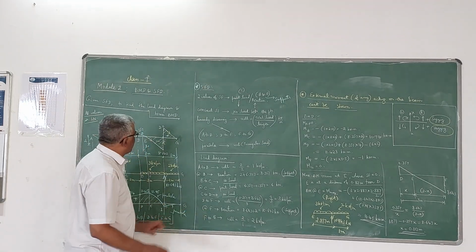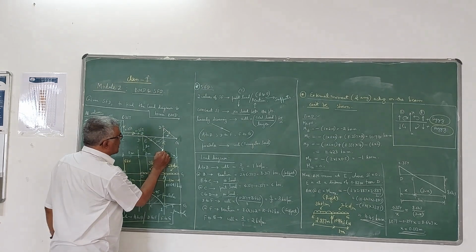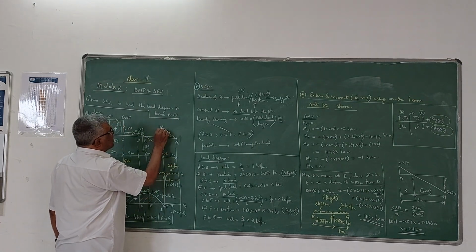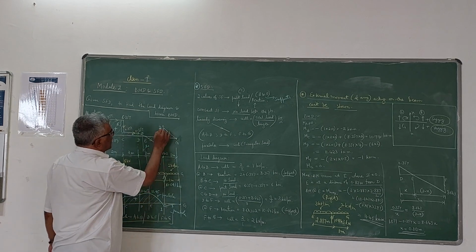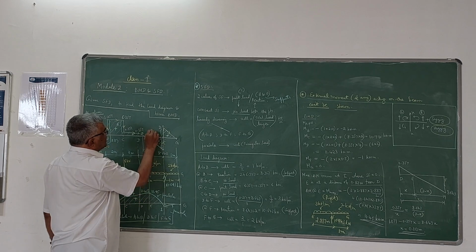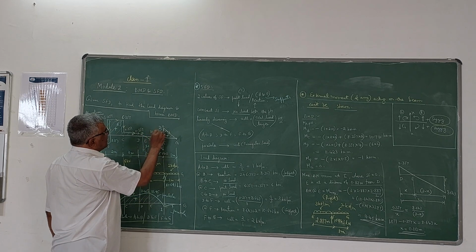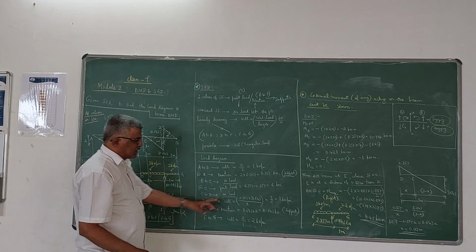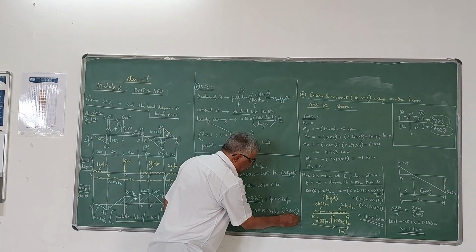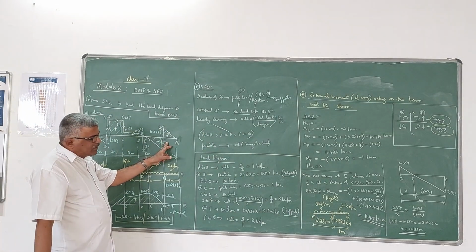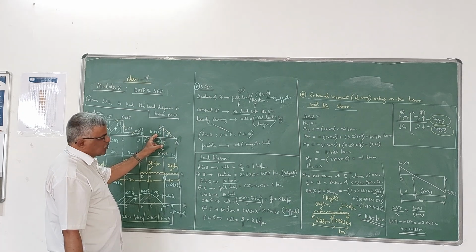Then at F you can see that the shear force changes from minus 8.643 to plus 2. So this total will be 10.643. Since it is acting upwards, it is a reaction. That means F is a simple support, where the reaction is 10.643.